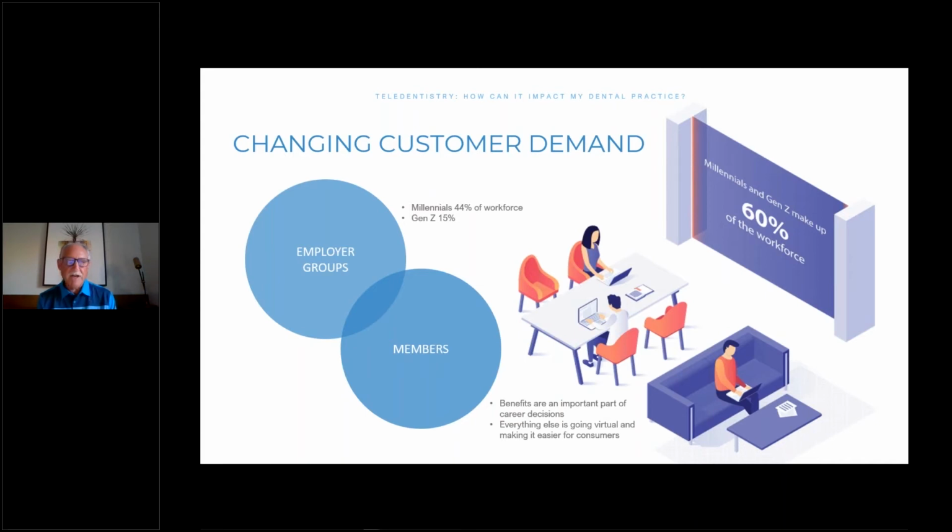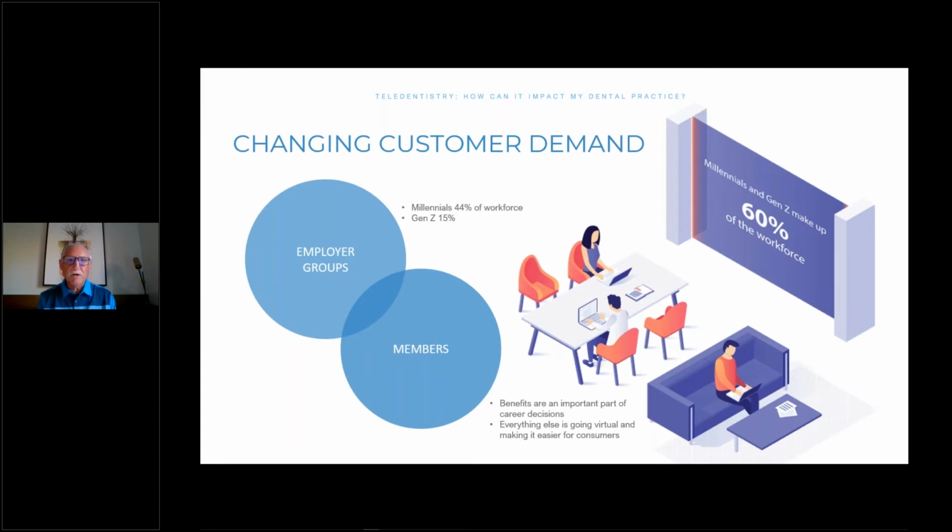If you look at Gen X, 40 to 55, again, many who use internet applications and cell phones, that's 27%. So 87% now of the workforce are using apps, they're using websites, and they're getting a lot of information there. That's just how they're used to doing business and their day-to-day chores and life.